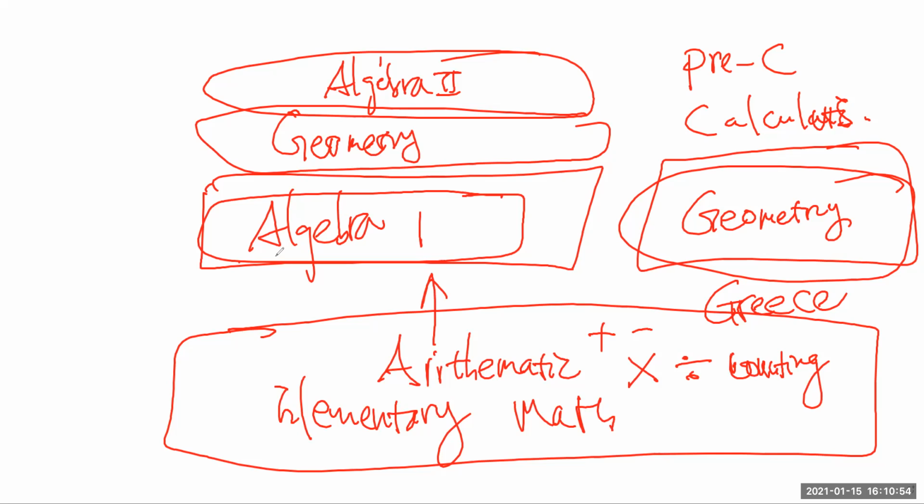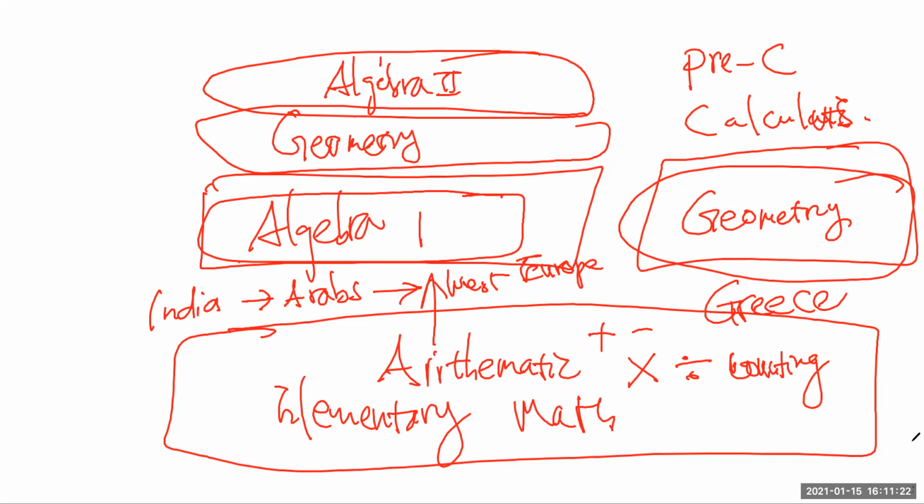It originated in India, then went to the Arabs, then from the Arabs it went to West Europe. So that's why we probably have the same thing in both algebra and geometry, but we have different names for it.